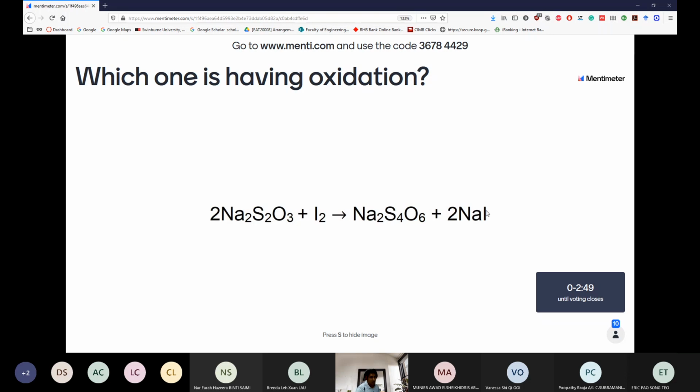So here it loses electron. Iodine lost electron or gave away electron. So oxidation is losing. Iodine is going through oxidation because it's a reducing agent. Okay, so oxidation is happening here in this case.